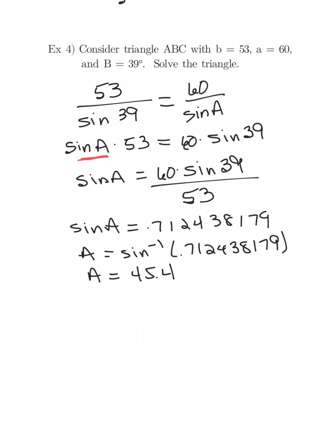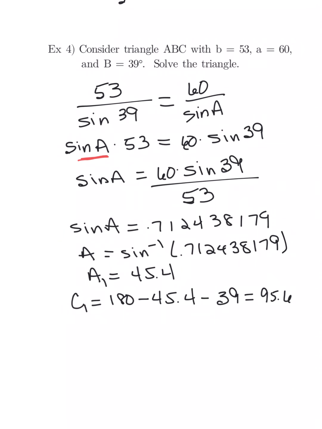This is our first possibility for A, so this will be A1. So now we know angle B and angle A1. We're going to find angle C1. Do 180 minus angle A, which you just found to be 45.4, minus angle B, which we were told is 39.